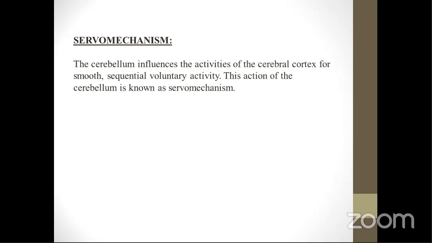It takes from the sensory part, the motor part, and the premotor part, and then it is controlling the activity, planning the activity, timing the activity, and coordinating the activity. This particular mechanism is known as the servo mechanism function of the cerebellum.